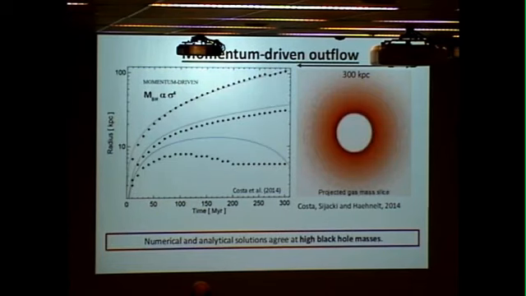In the momentum-driven outflow, what you see is for high black hole masses, so this is the case for 5 times 10^8 solar masses, the agreement is very good. And interestingly, what happens at lower black hole masses is that it diverges from the analytical solution. In the case in which the black hole mass is too low to drive an unbound shell, the numerical simulation qualitatively does the same thing, but quantitatively not exactly.